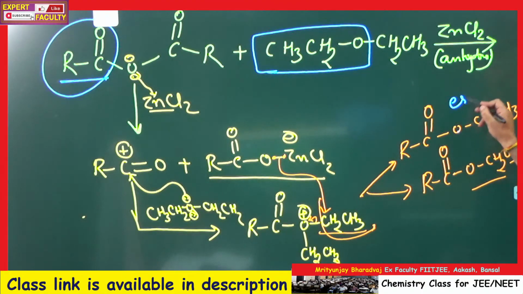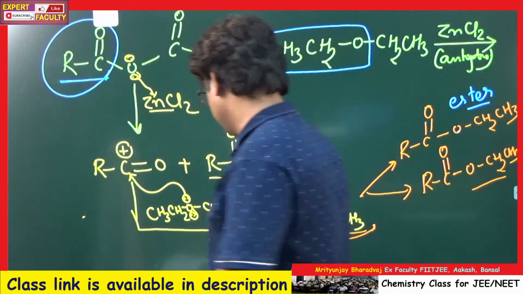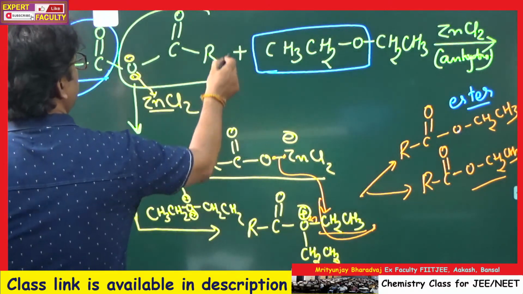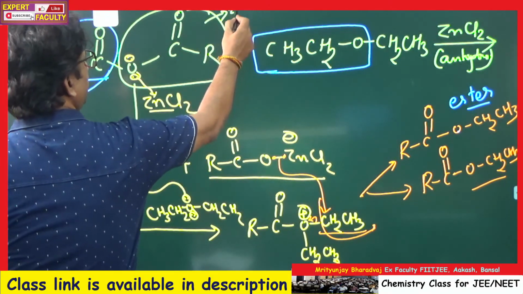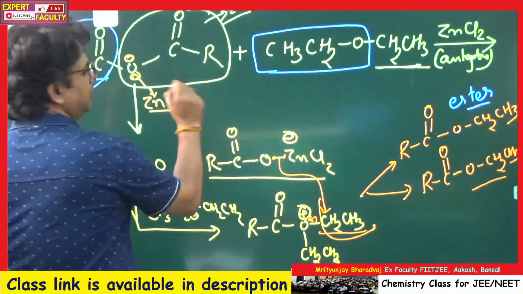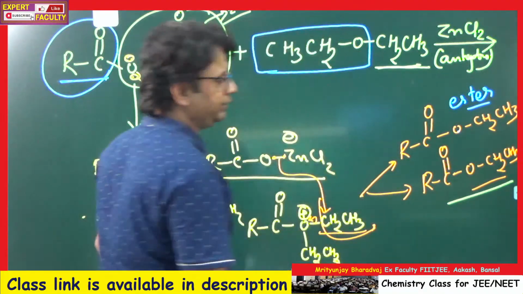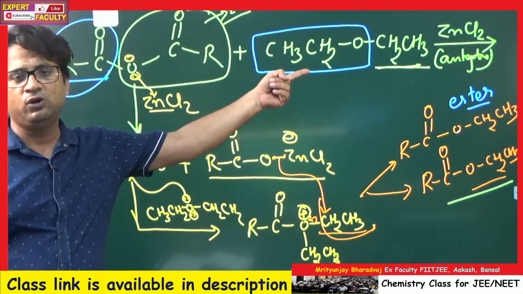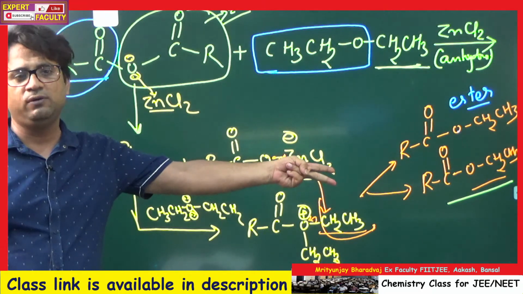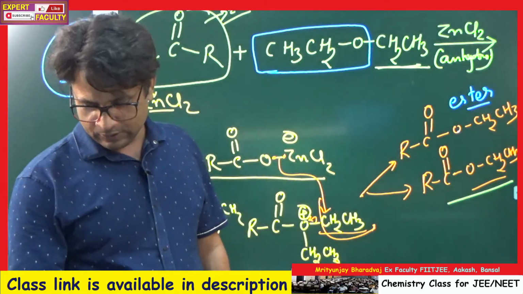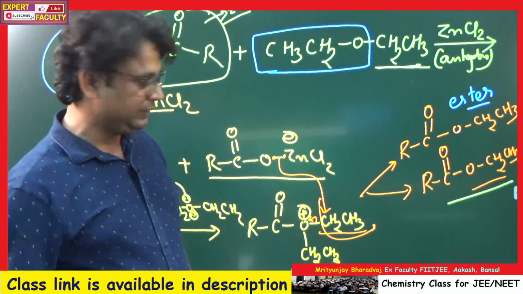These are esters. And the second group, that is RCOO-, gives CH2, CH3, so it also changes to ester. So one molecule of acid anhydride reacting with one molecule of ether gives two molecules of ester. So this is the reaction.